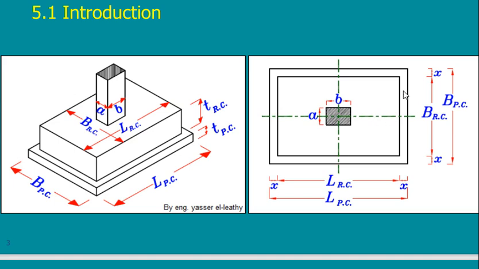This thickness X should be TPC, because if I have this distance equal to X and this height also equal to X, then this cantilever is just extending.